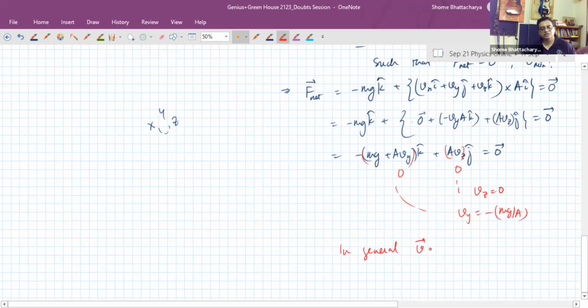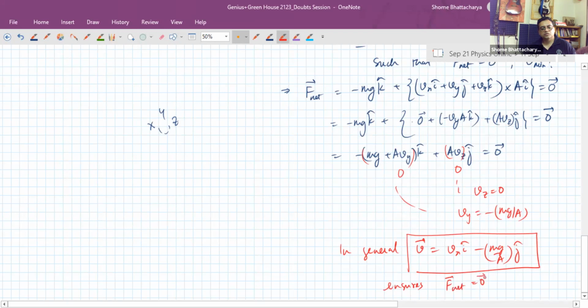So that means in general, what can my vector be? My vector v for this condition can be any Vx. It makes no difference what Vx is, but a specific value of Vy, and no k cap component. So in general, this velocity ensures that the net force is zero, where Vx can be any real value.